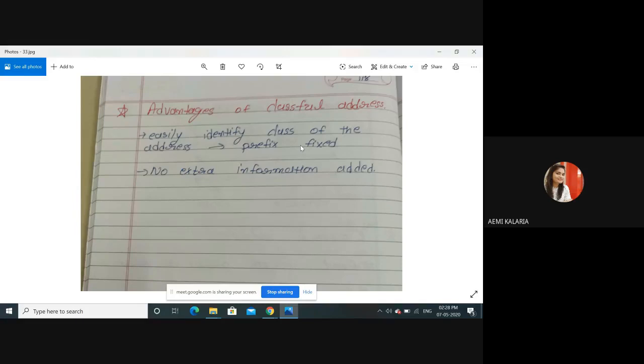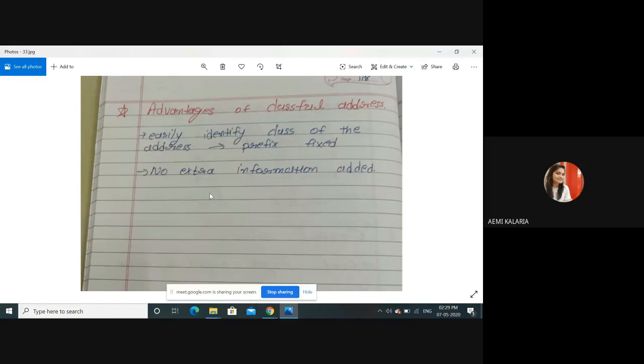In that 32-bit address, some bits are for network ID and some for host. The 32-bit address is fixed, right? So no extra information is needed. Through that particular 32-bit address, the destination will easily understand, okay, this message is for me only, right?